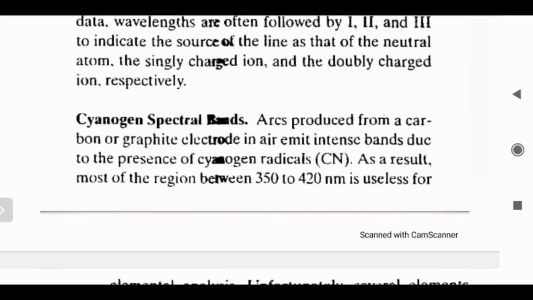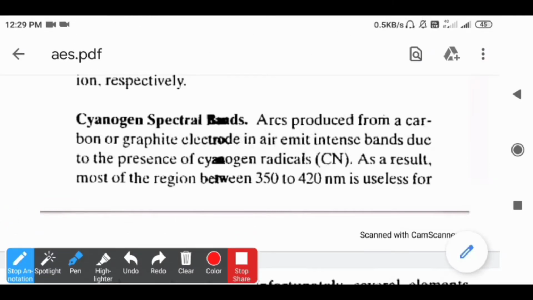The graphite or carbon electrode interacts with the air and emits an intense band due to the presence of the cyanogen radical, the CN radical.